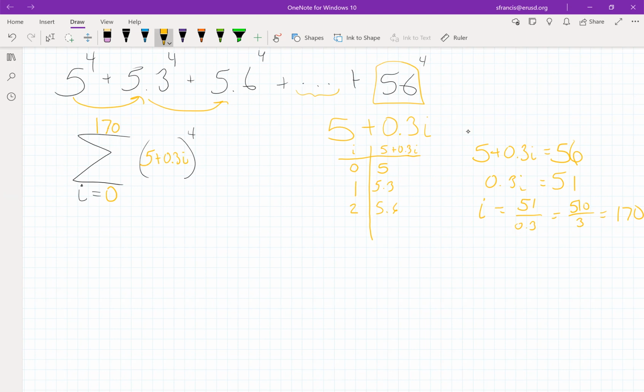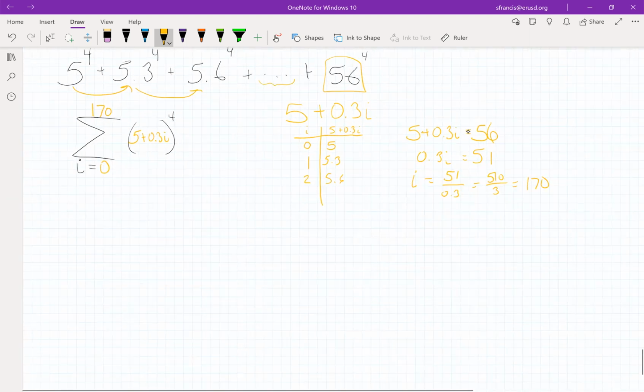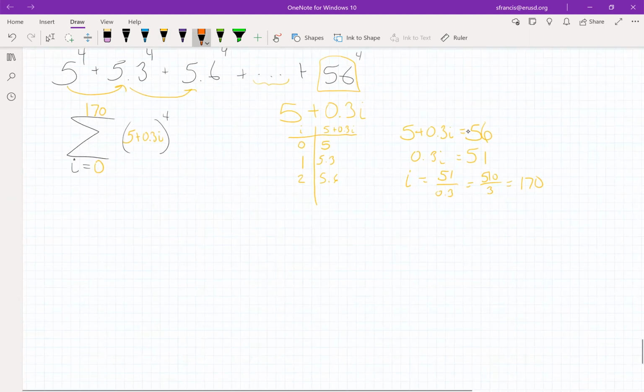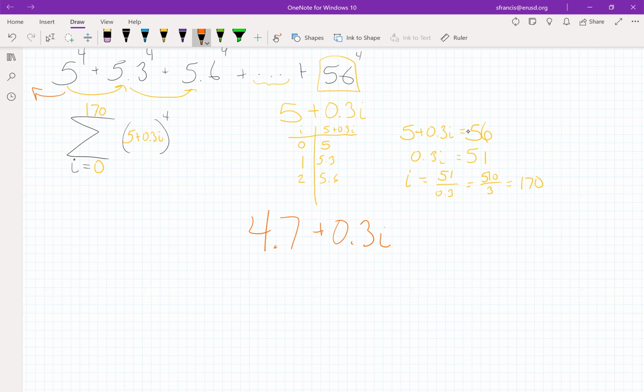Okay. You're welcome. All right, let me show you another thing. Maybe I don't want to start at 5. Maybe I want to start at a different value. If I continue this pattern back one for just a moment and subtract 0.3 from 5, I would be at 4.7. Maybe I want to start there. And then I add 0.3i because that's how I'm getting each new term.